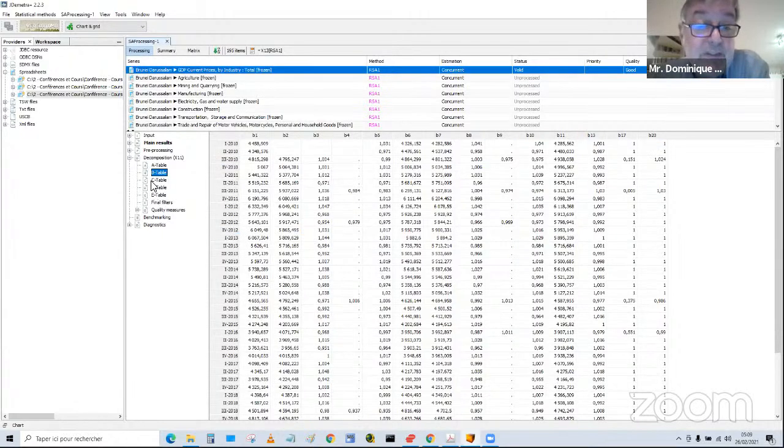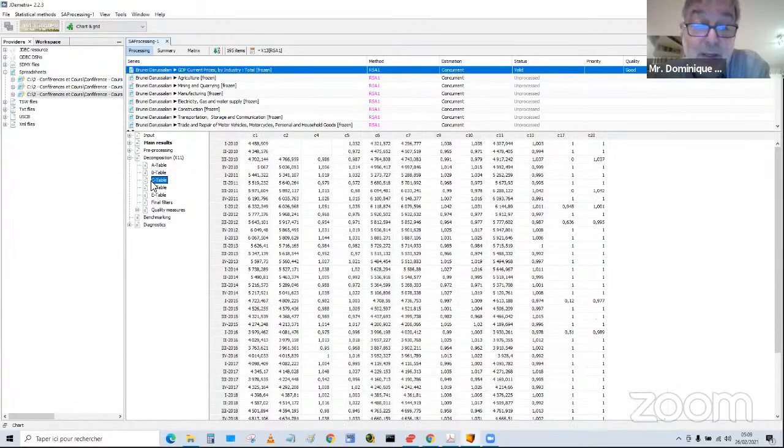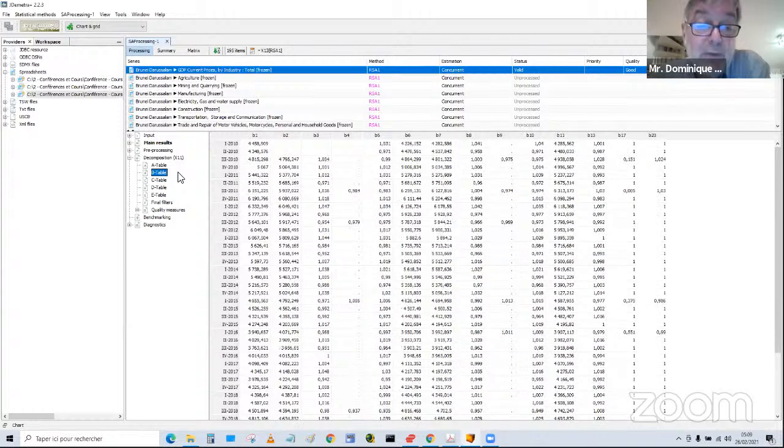And you will see that the C table is exactly the same. You have the data corrected from the outliers detected in the previous step.